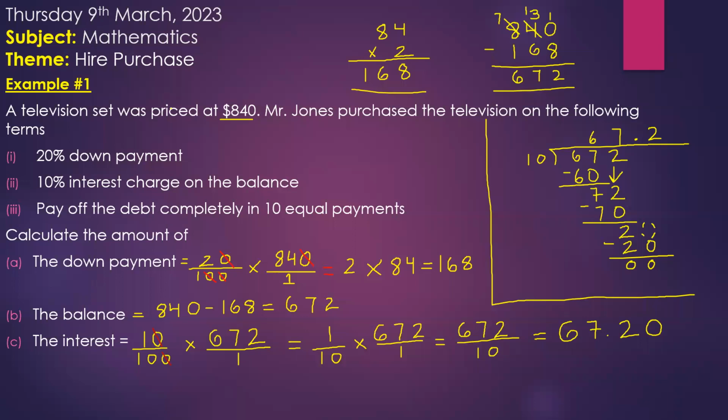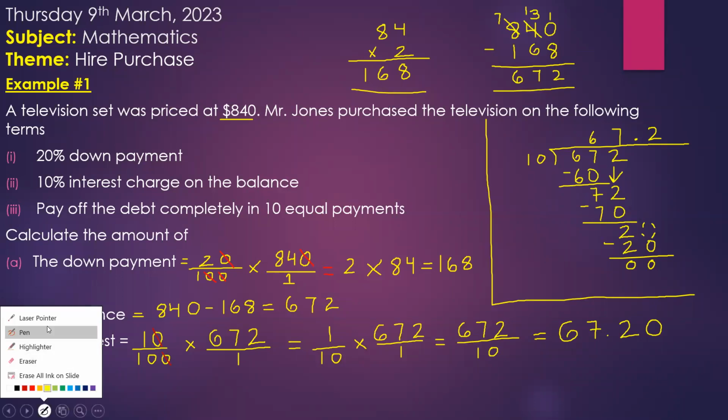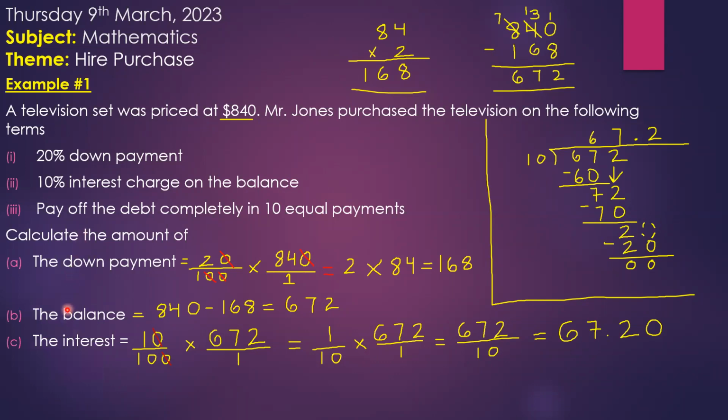So far we have found out what is the down payment. Second, we have found out what is the balance. And thirdly, we have found out what is the interest. The last thing we must find is kind of difficult.